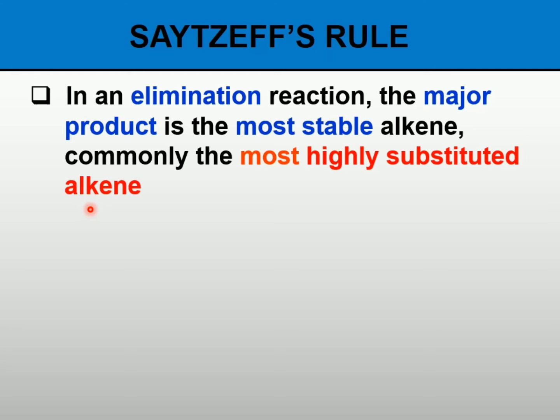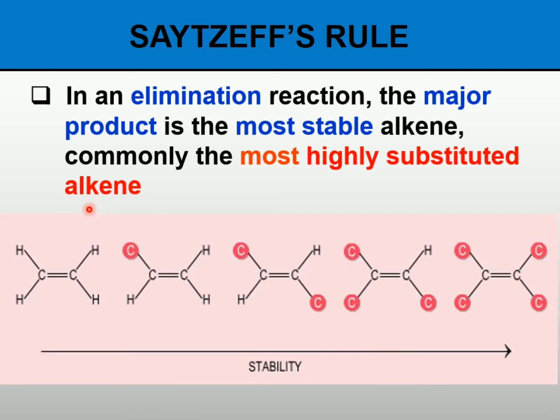What do we mean by most highly substituted? You can see this is my alkene, my carbon-carbon double bond. If the carbon-carbon double bond is directly connected to another carbon, that one is considered a substitution. If you look at this first structure, the carbon-carbon double bond is only bonded to hydrogen, so we say there's no substitution.